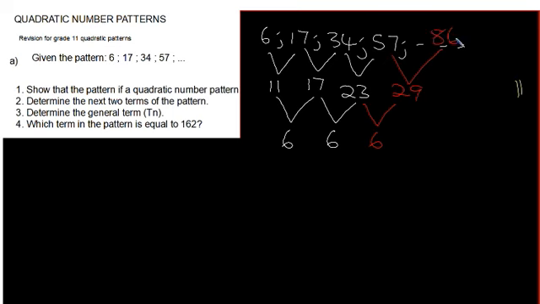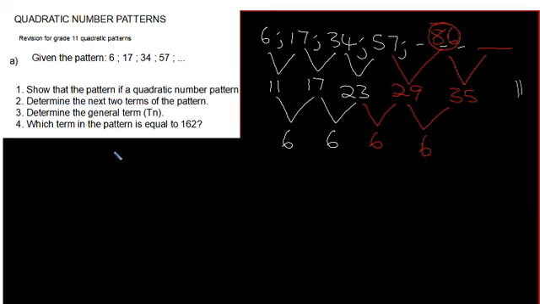So this is the first of the two terms. Then you do the same: this is a 6 also, and 29 plus 6 is 35. To get the second term, you add 35 to 86. That is the answer for number 2.